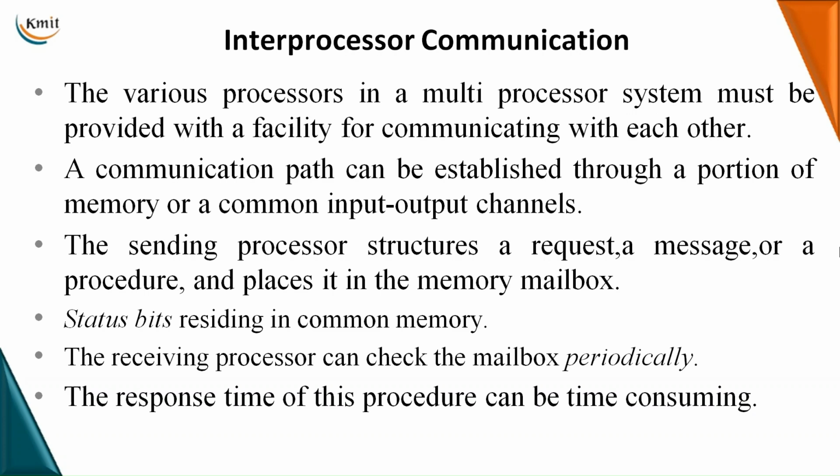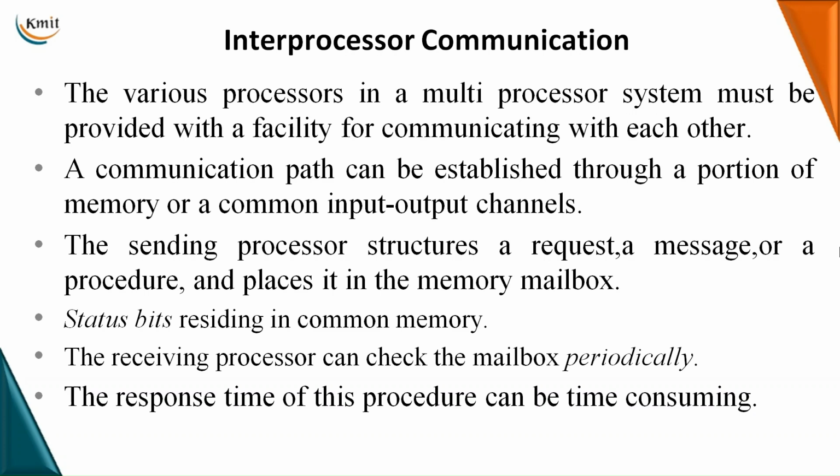Coming to an introduction, as we know, in a multiprocessor system there will be multiple processors which are connected, and there must be some facility for communication between the multiple processes present in the system.